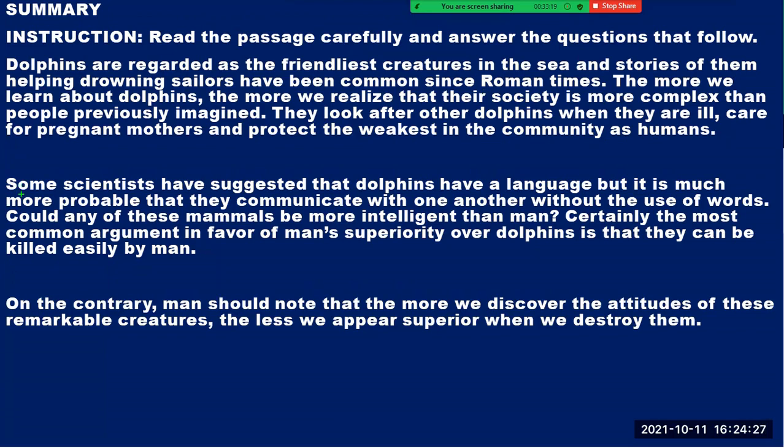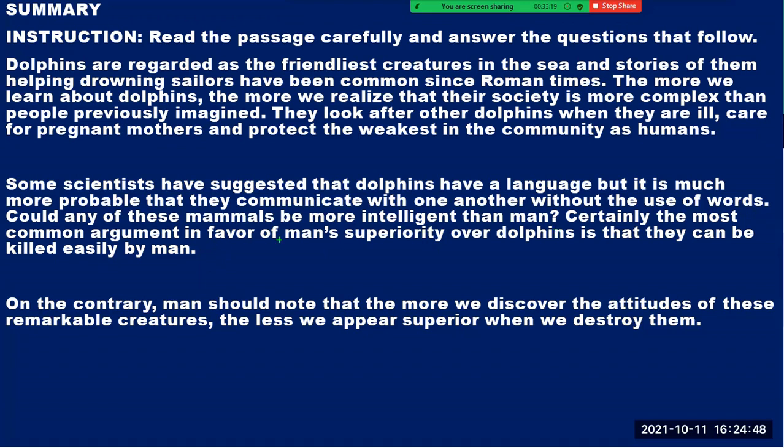Now, of course, dolphins share a biological trait with humans. Some scientists have suggested that dolphins have a language, but it is much more probable that they communicate with one another without the use of words. Could any of these mammals be more intelligent than man?